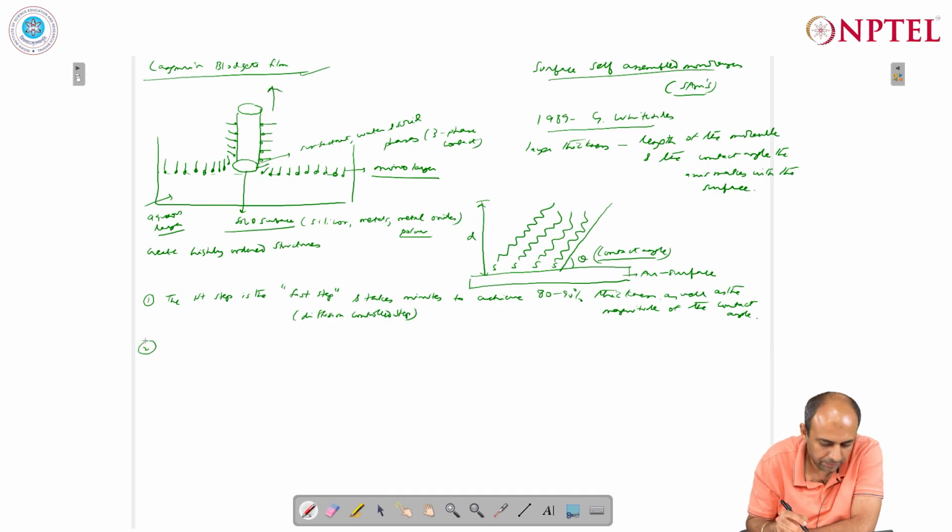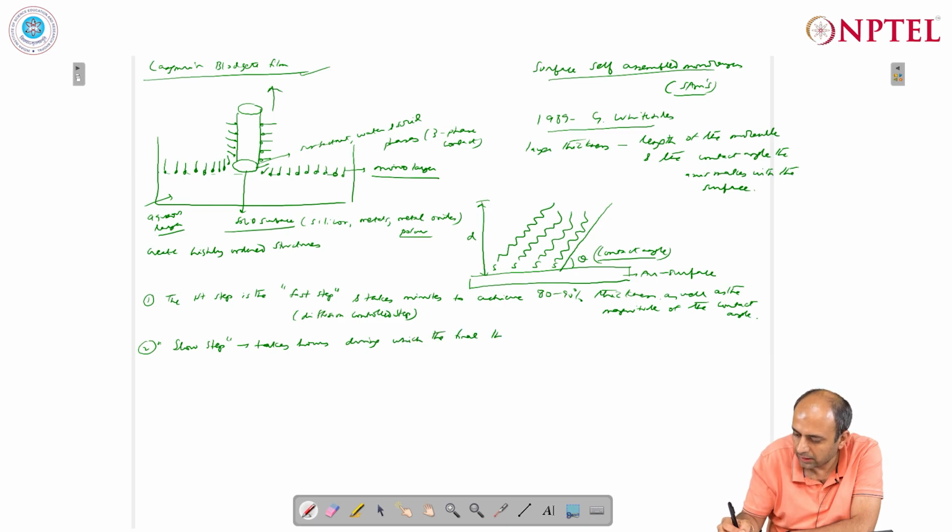And the second step is a relatively slow step, it takes hours, during which the final thickness and contact angle are reached.